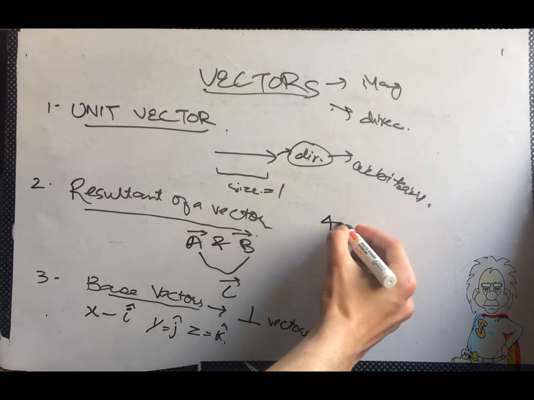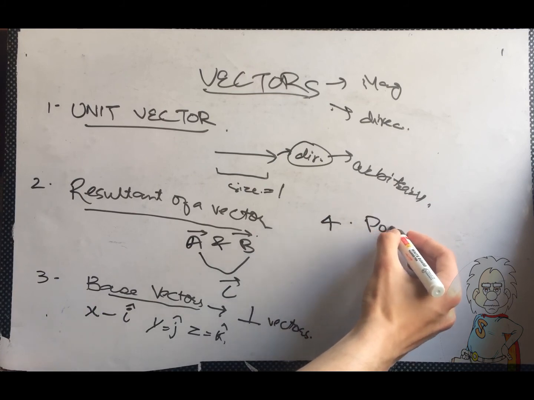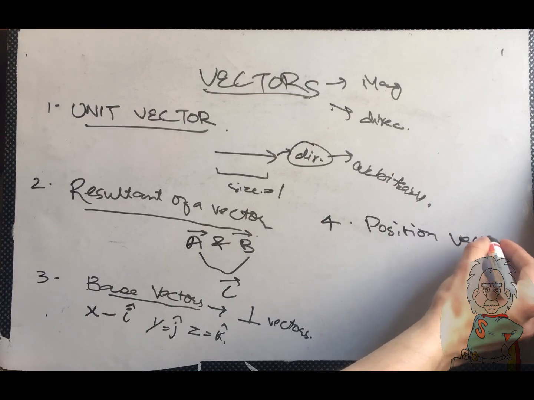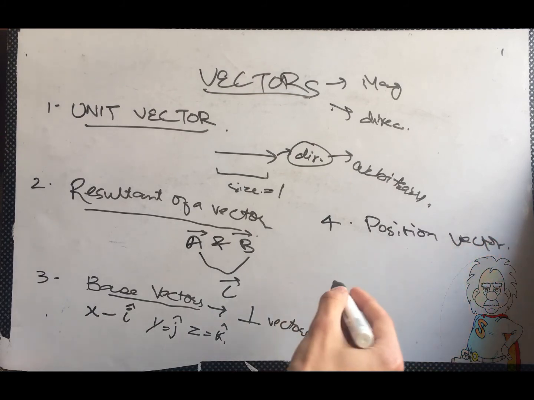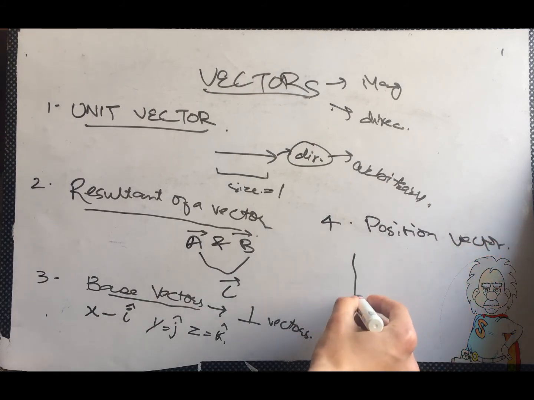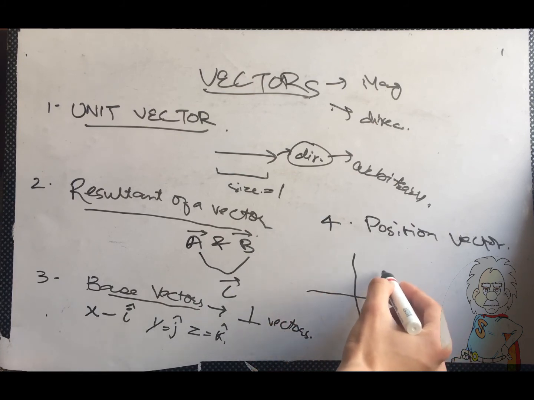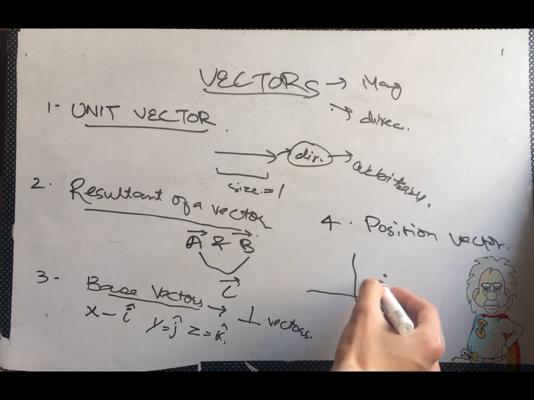One more we have over here, that is the position vector. So what is a position vector? Suppose we have a Cartesian plane like this, and we have some vector over here.